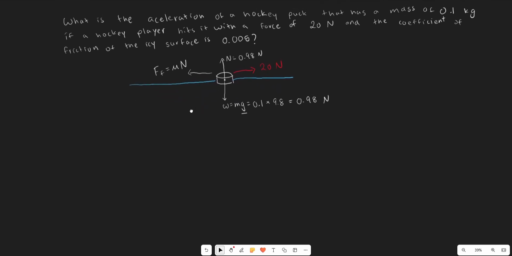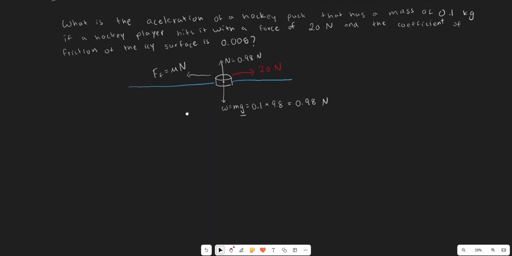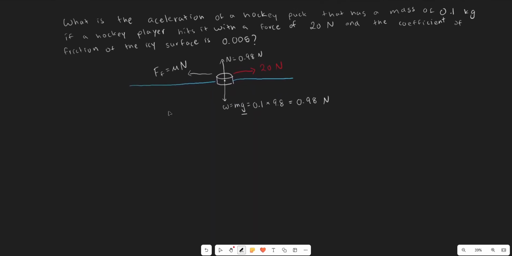So let's find the frictional force. F is equal to mu N, where mu is 0.005 and N is 0.98.